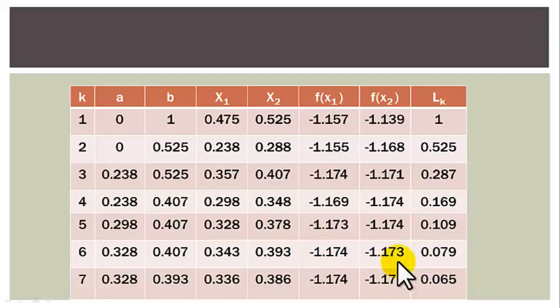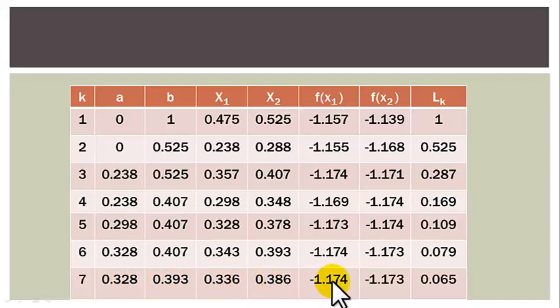This is less than this, so our next interval of uncertainty is from a to x2. Here is our a, which is 0.328, and our x2 is 0.393. So this is now our next interval of uncertainty. Using this, that will give us x1 to be 0.336, x2 to be equal to 0.386.